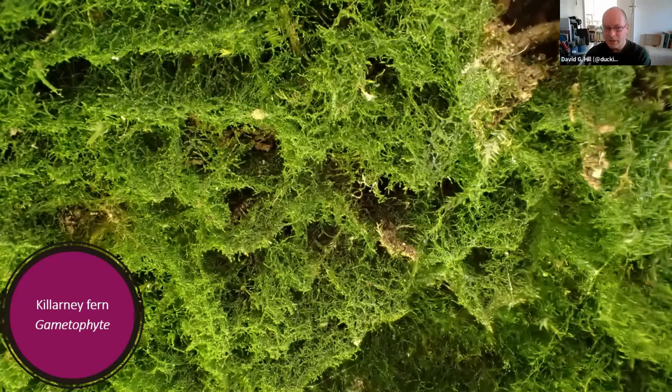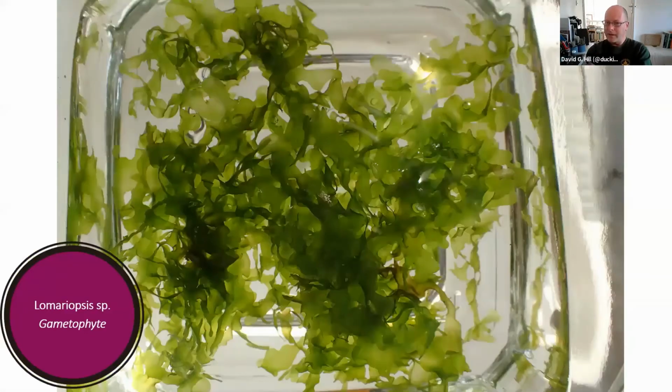This is another one, a common fern in the aquarium trade, Lemuriopsis. This is growing in a little kiln jar of water, and it spends its life, it's not a British one, I hasten to add, in this sort of strap-shaped habit.